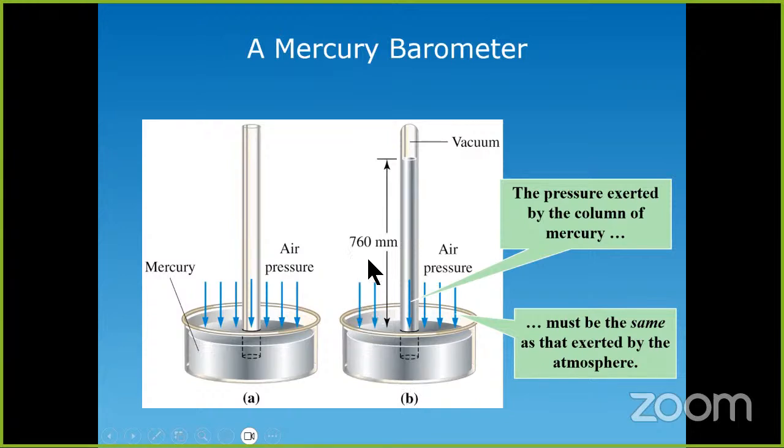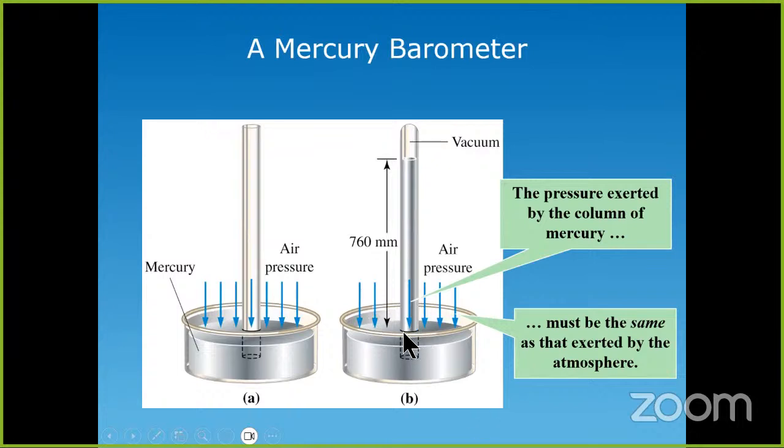Now, we can explain why that happens, because in this particular case, you still have the atmospheric pressure acting on the surface of the mercury outside. And then basically you have this mercury column right here, which is exerting a pressure at this point. If you think about the level equivalent to the level outside, inside the tube, what you'll conclude is that this column of mercury is exerting the same pressure at this height as the atmospheric pressure, right?